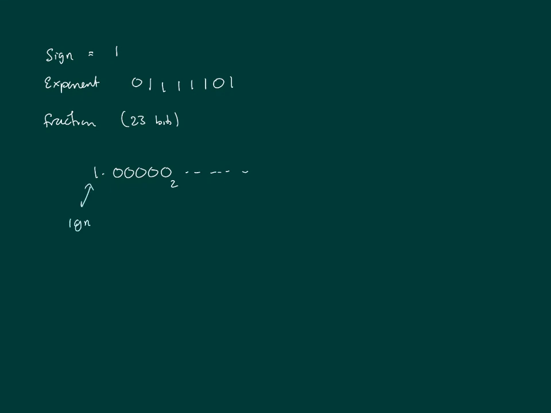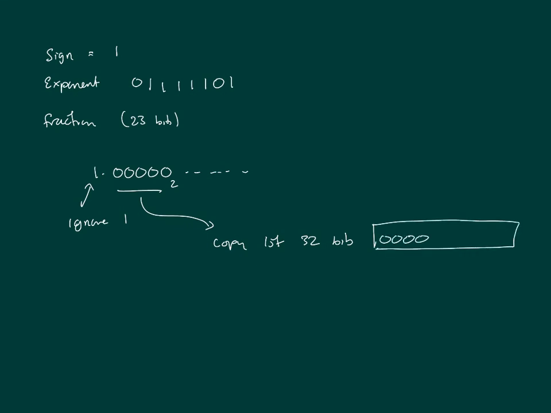We ignore the 1, and we copy the first 23 bits of the fraction. In our case, that's 23 zeros.